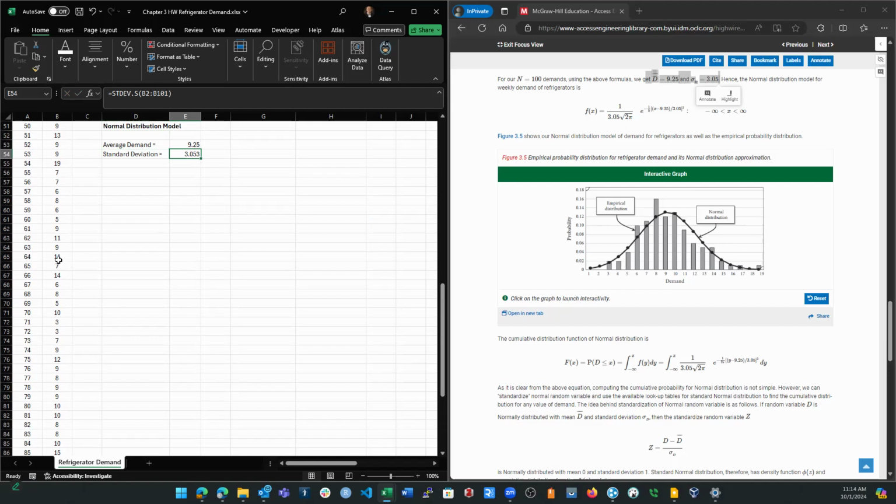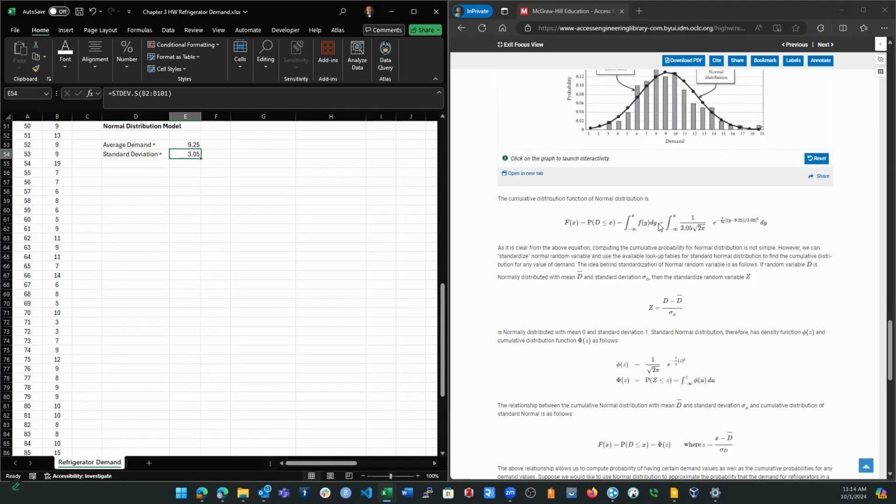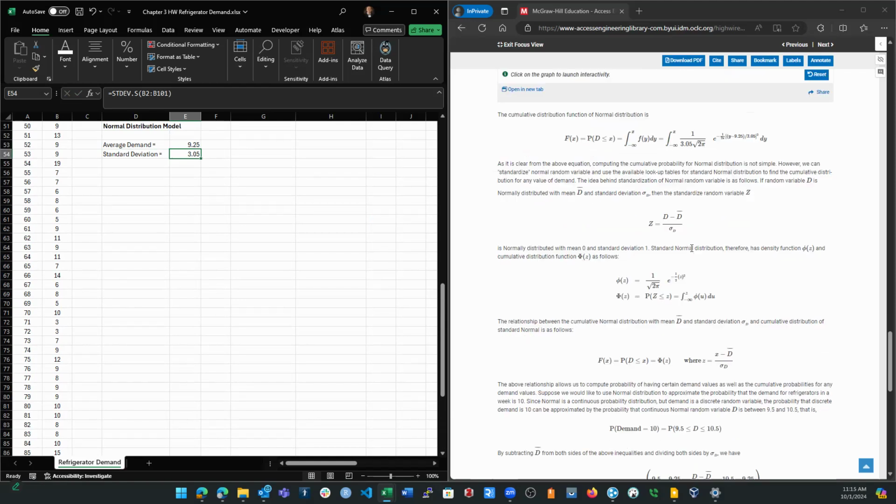And if we look at the book, we have 9.25 and 3.05. So far we're doing pretty good. Now that we have that, we are going to standardize the random variable z. We're going to do some standardization here.